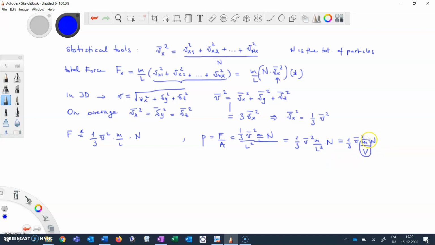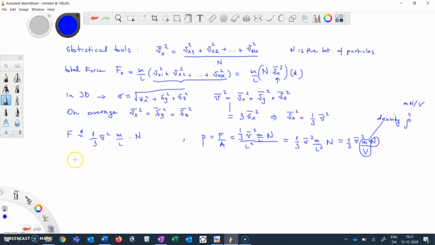Well, the mass divided by the volume is the density, which I indicate with the Greek letter rho. And actually, it's not really only m divided by V, because m in this case is the mass of one particle. So if I multiply m by the number of molecules, I really have the density of the gas. So the density in this case is just m times n divided by the volume.